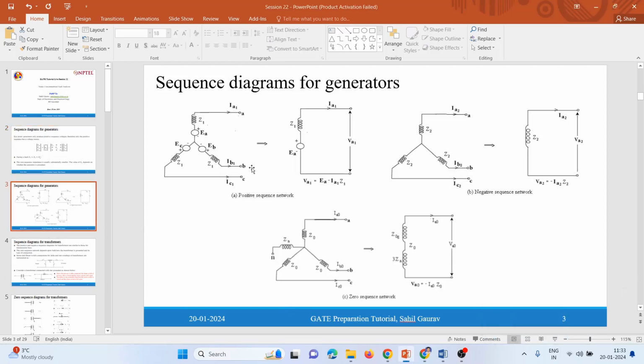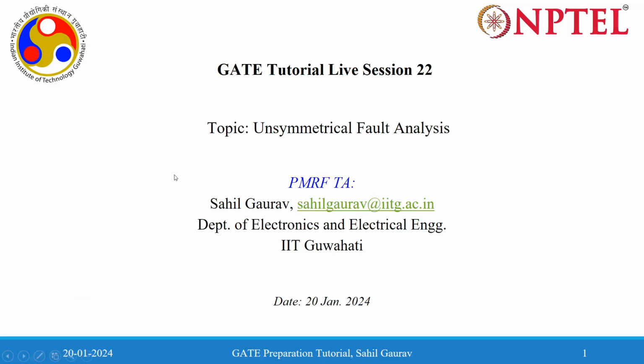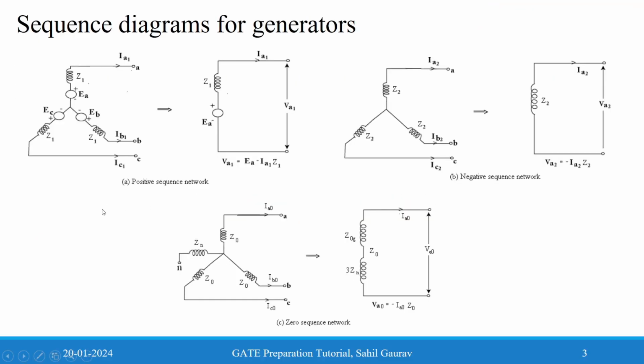These are the sequence diagrams for generator. The first one is the positive sequence diagram for generator. In the negative sequence network, we are not taking the voltage of the generator, only the negative sequence impedance. And the zero sequence network you can make like this.